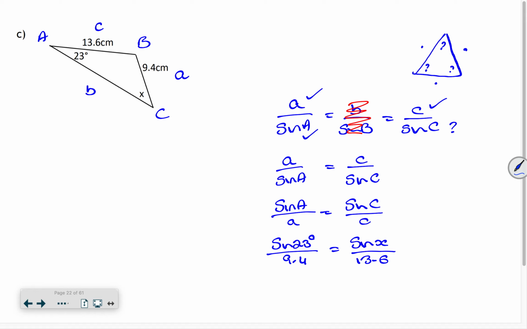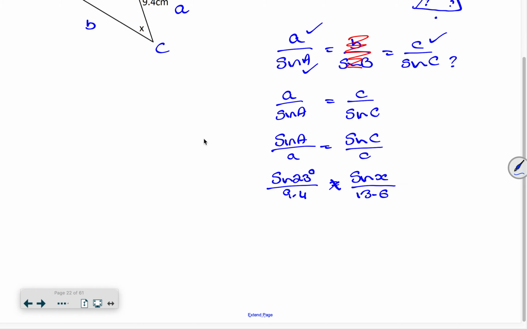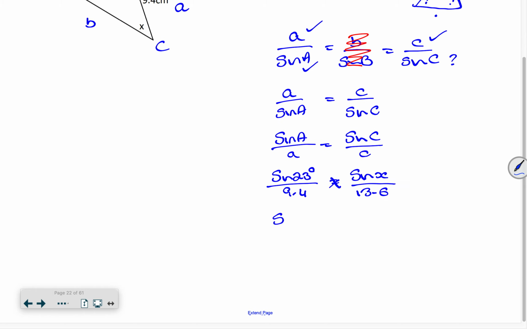So let's cross multiply. That's going to give me sine x times 9.4 is equal to sine 23 times 13.6. Then divide both sides by 9.4.